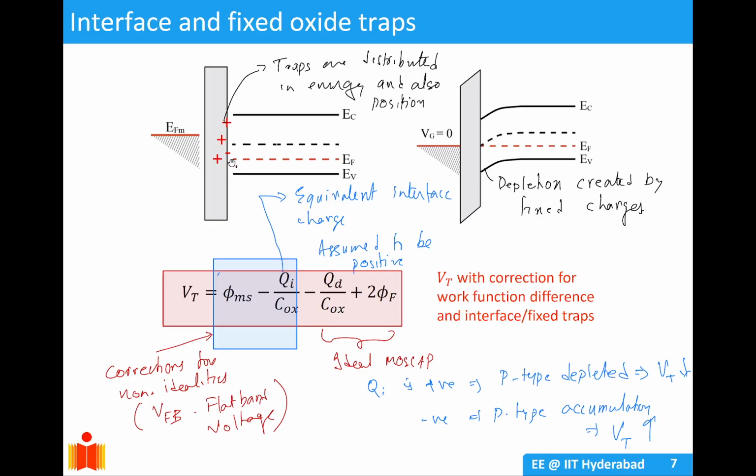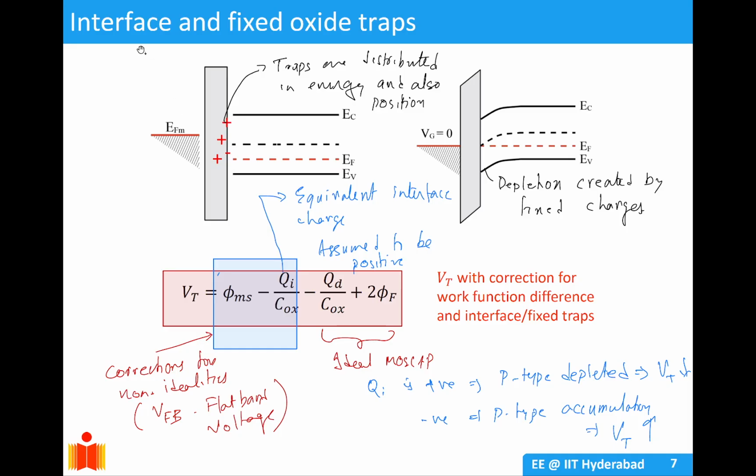There can be traps at the interface as well as traps inside the oxide. If the traps are inside the oxide, they are fixed because they are not seeing any mobile charges, but they are affecting the electric field.